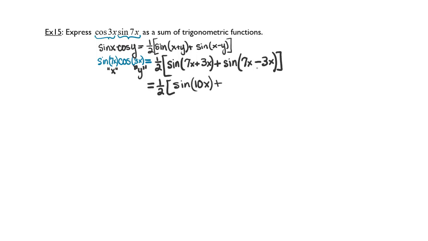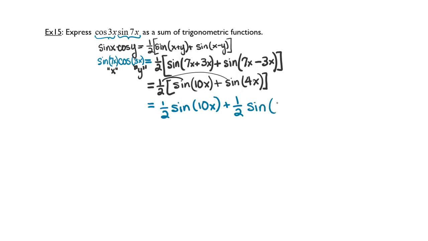And sine of 7x minus 3x is sine of 4x. Now I'm going to distribute the 1/2 through, and I will have a sum of trigonometric functions as my final answer: 1/2 the sine of 10x plus 1/2 the sine of 4x.